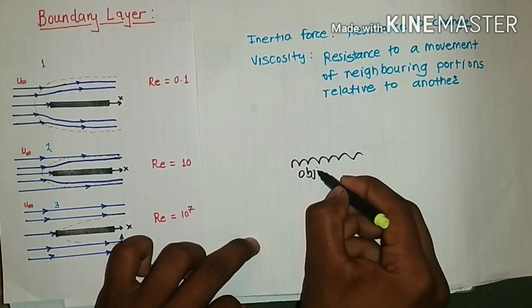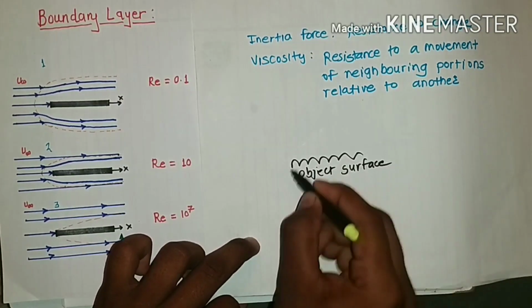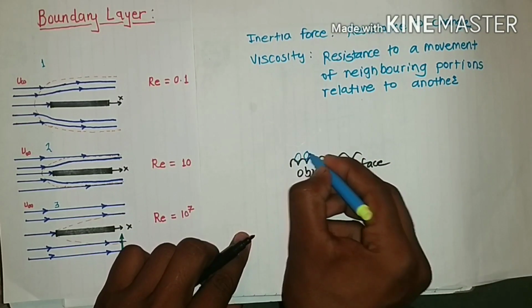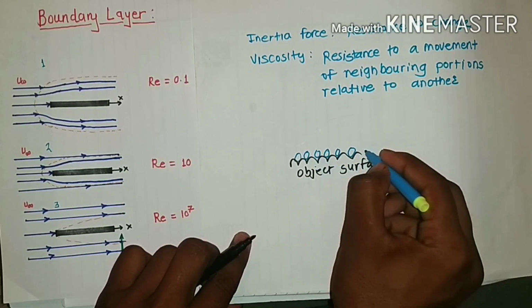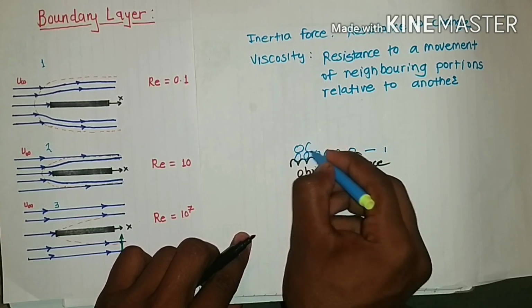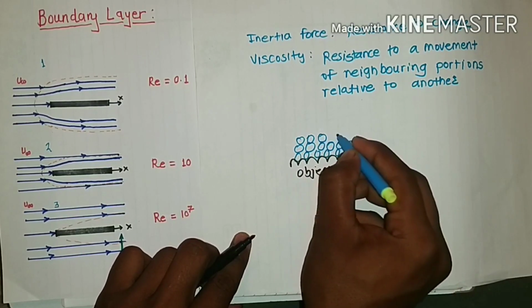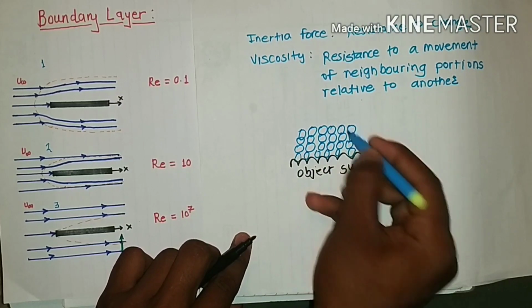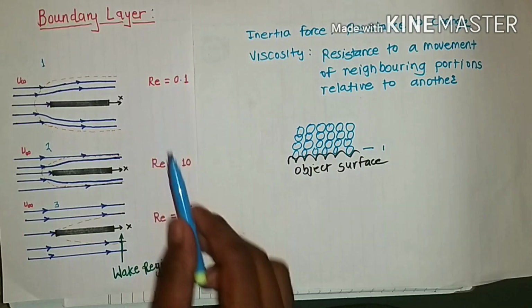Object surface, these are the fluid particles which are stuck into the gap between the rough surfaces. This is layer 1. Above there are fluid particle layers. If you are seeing the first figure, the Reynolds number is 0.1.